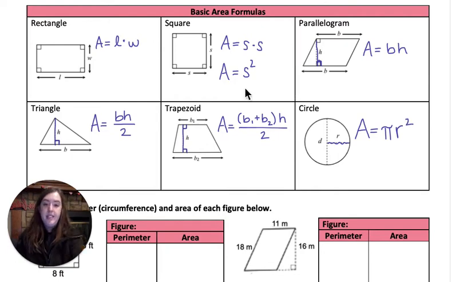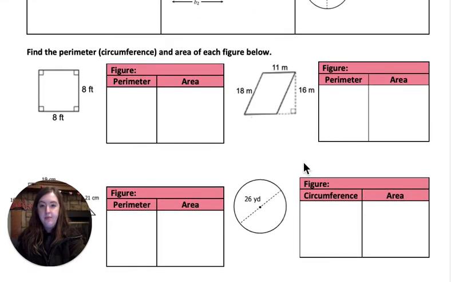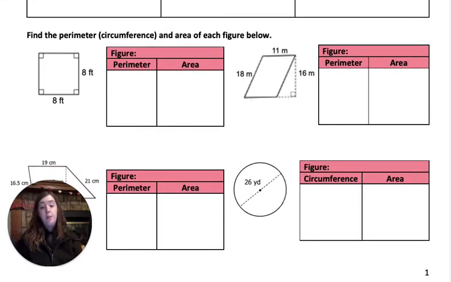Good deal. So let's take a look. So we want to find the perimeter or the circumference and the area of each of the figures below. So first of all, what is that figure? Yeah, all the sides are the same and we have right angles, so that has to be a square.